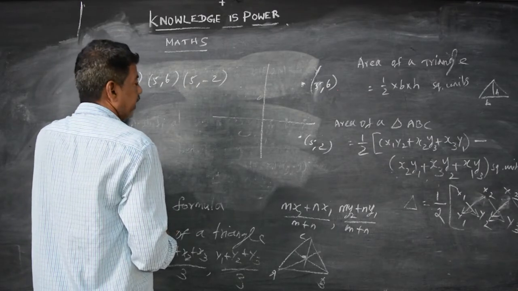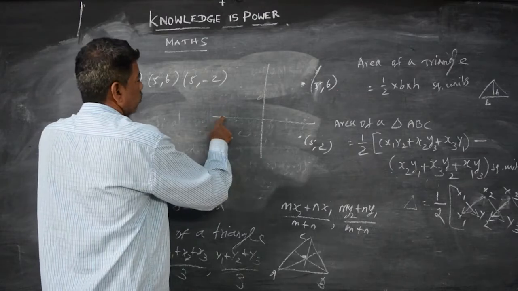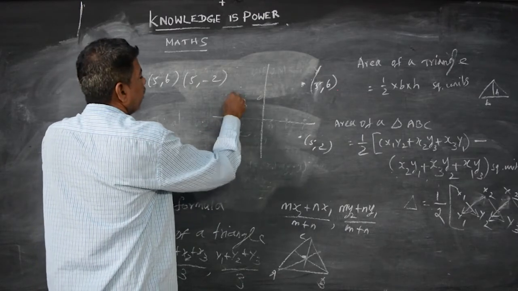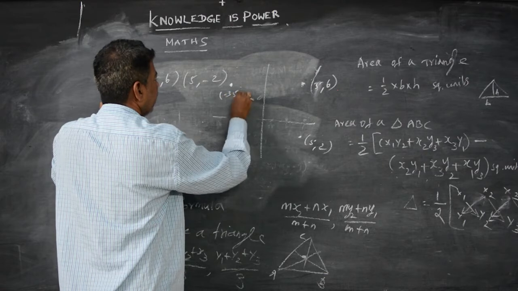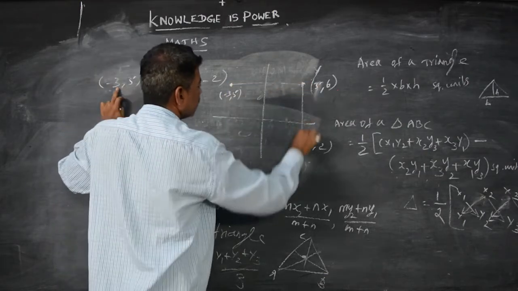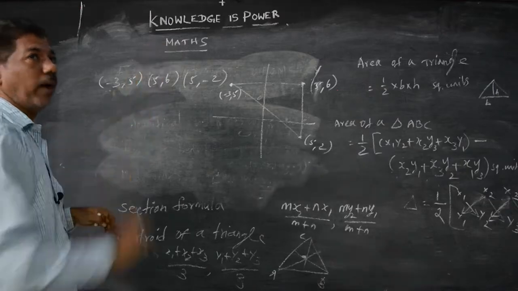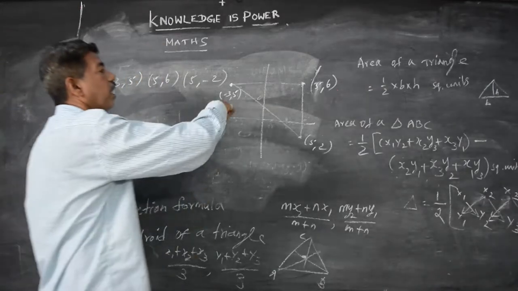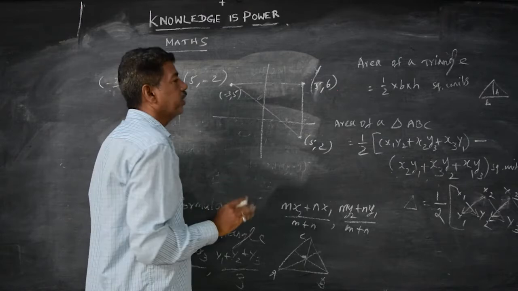So minus 3 comma 5, where 5 is, we will get there. So link them. Take the points anti-clockwise, in reverse. It is not like a clock; if you take it in the opposite direction it will be possible to work it out.